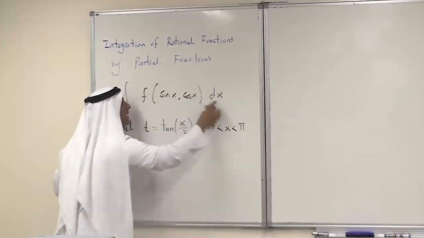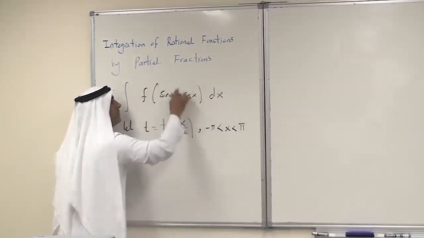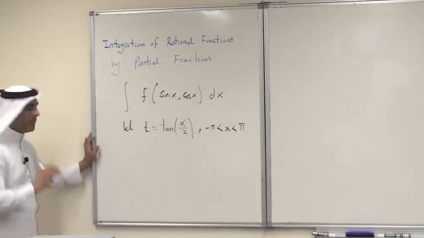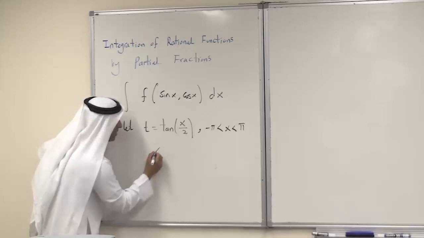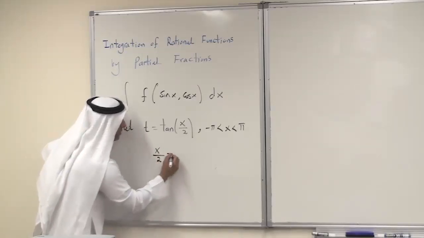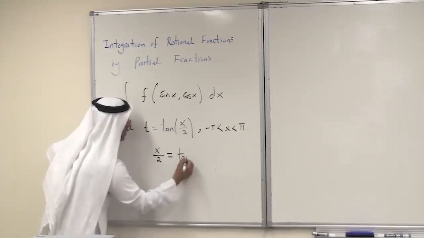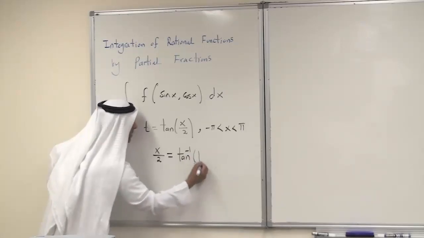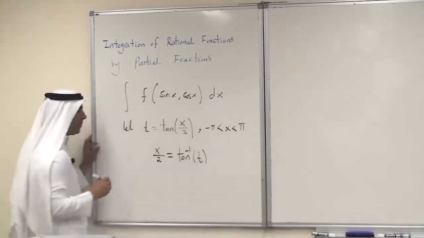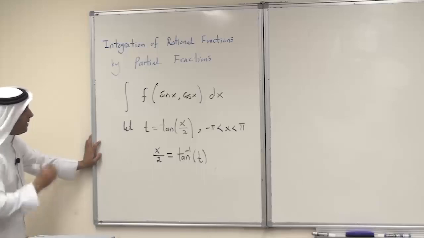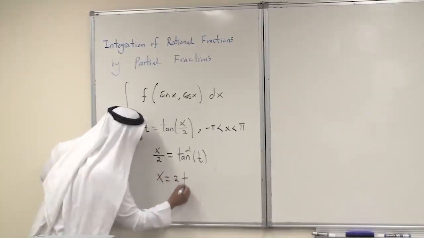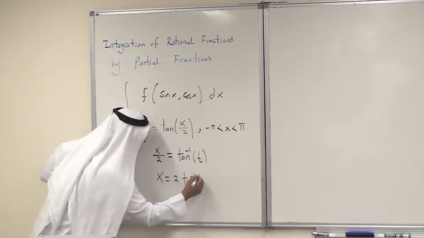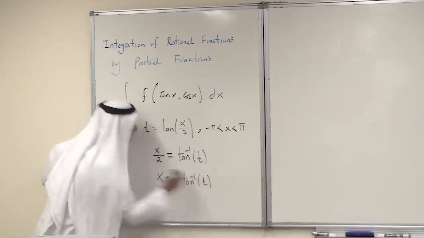Now what do we need to replace here? We need to replace dx, sine of x, and cosine of x. Let us come to dx first. I solve for x. So x over 2 is equal to tangent inverse of t, which is well defined because we are choosing this specific interval. So x will be 2 times tangent inverse of t.